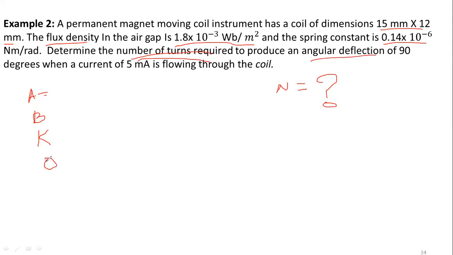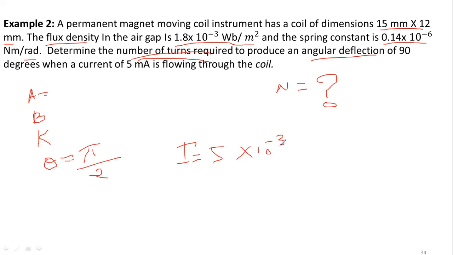Theta is given as 90 degrees, but we have to convert it here, since the spring constant is in Newton meter per radian. So 90 degrees is nothing but pi by 2, which you have to use here. And when a current of 5 milliampere flows, I is given as 5 into 10 to the power of minus 3.